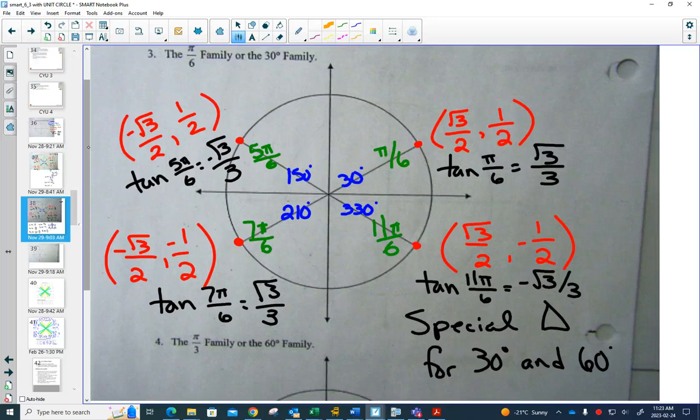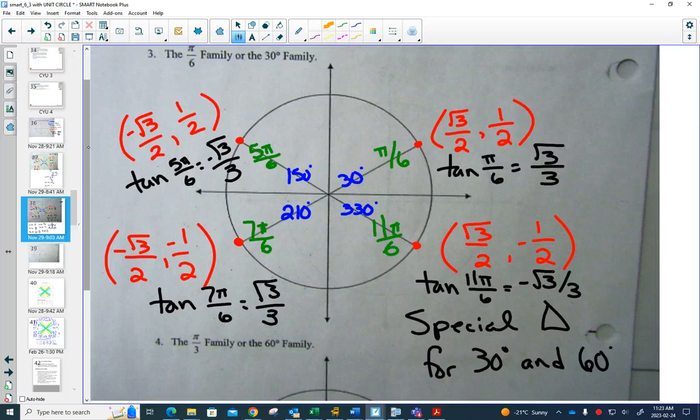So we can do all sorts of angles. I could even do, what is cos of 17 pi over 6? And you'd be like, there's 17 pi over 6. Well, all the way around once would be 12 pi over 6. I would have to add another 5 pi over 6, so I would find out that 17 pi over 6 is coterminal with 5 pi over 6.